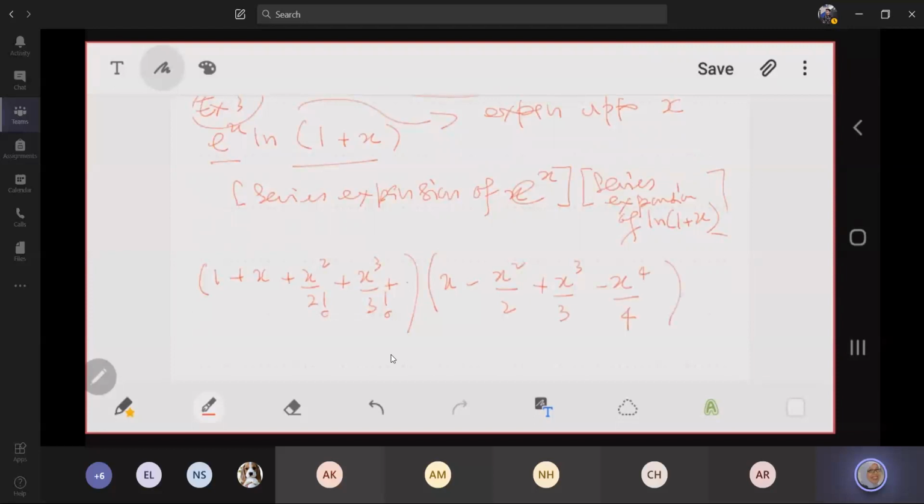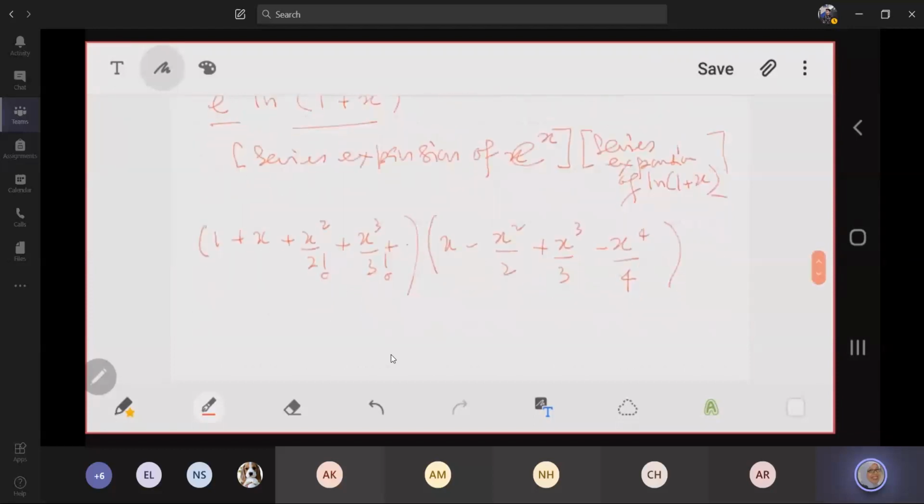Then you expand. You get x, there's no constant, so just x. Then plus x squared: this multiplied with that gives 1, so x squared minus 1 on 2.